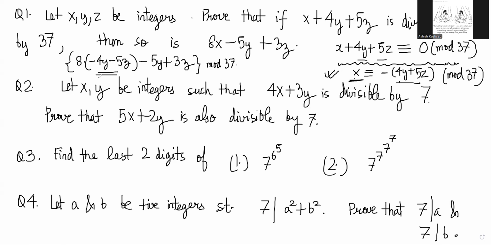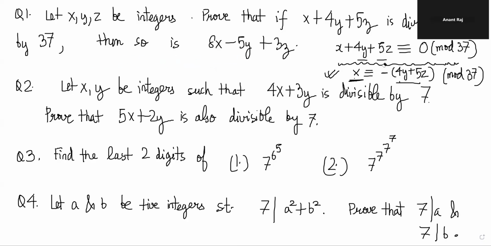Are you understanding what I'm saying? We are saying that if x is congruent to minus 4y minus 5z mod 37, when you look at this number, what do you have to prove? We have to prove that 37 divides this. हो गया क्वेश्चन. So technically what we have to show is that this is also 0 mod 37, right?